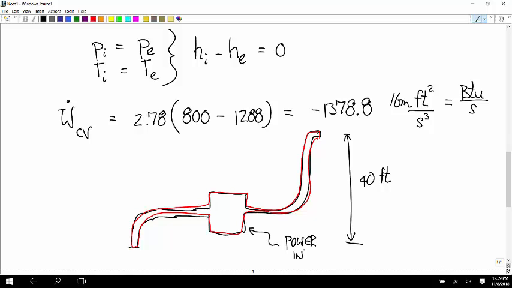We have no idea what's moving, what's compressing, what's expanding. We're just thinking of that as a rigid boundary. So the only work that's occurring for us is just that electrical energy going in.